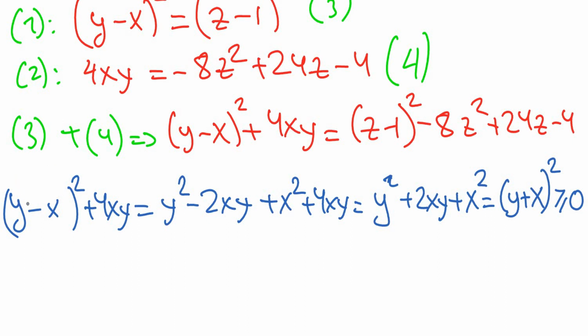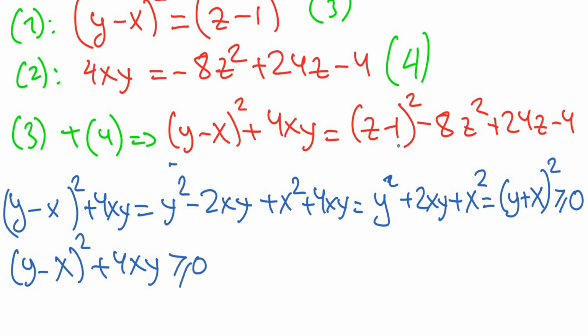This means that (y minus x) to the power of 2 plus 4xy is always greater or equal than 0. And in this equation, if the left hand side is always greater or equal than 0, then the right hand side also must be greater or equal than 0. So therefore, let me write here.